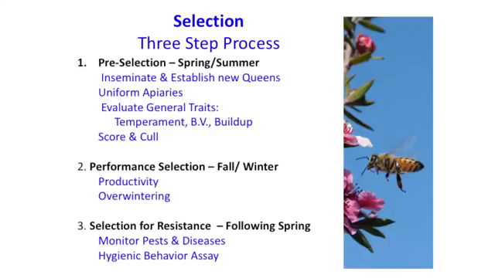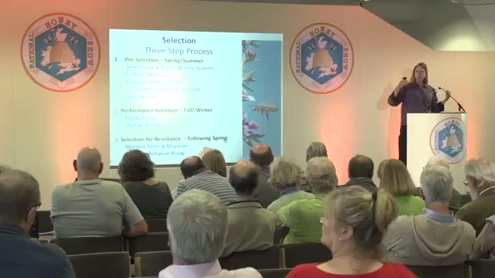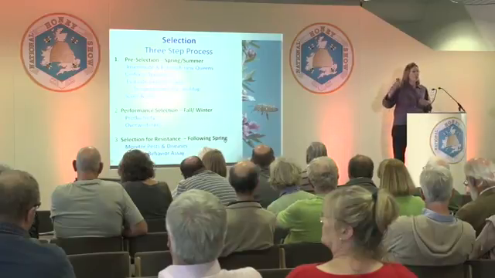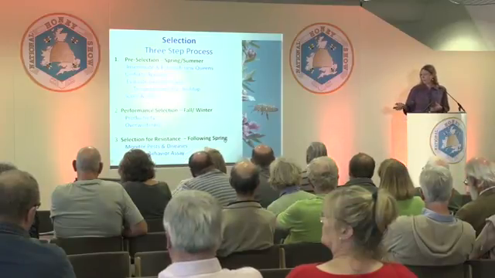Once the queens are established, you kind of go through there and you look for just general characteristics. You look for uniformity, the brood patterns, temperament, how they build up. And then over time, you may not get a honey flow every year, but if you can evaluate them for honey production on those years that you do get a good flow.